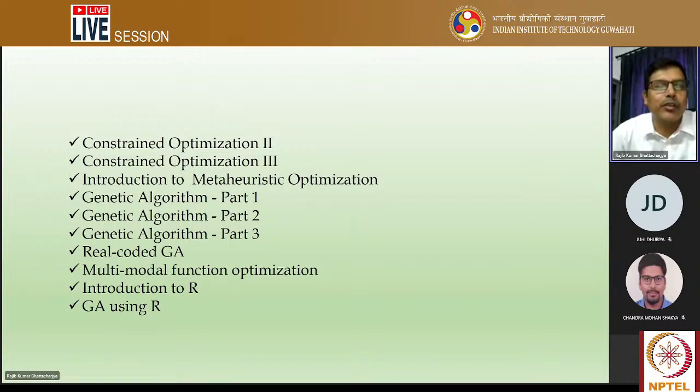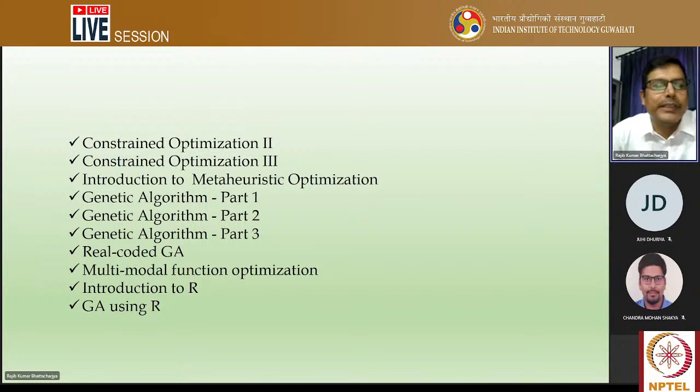the genetic algorithm. In genetic algorithm, I have discussed 3 parts: simple genetic algorithm or SGA, real coded GA, and then how you can apply genetic algorithm to a multimodal function. This is one of the biggest advantages of genetic algorithm.